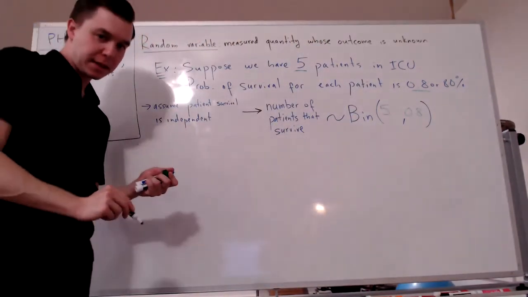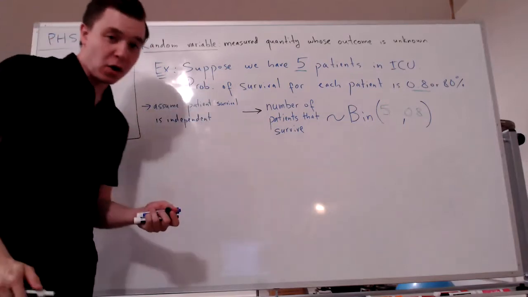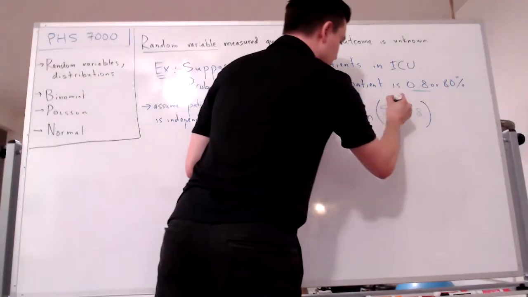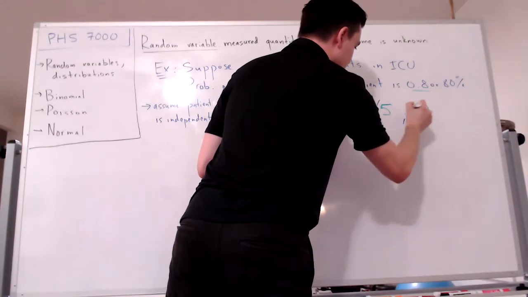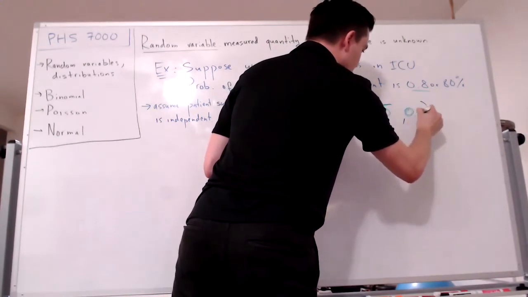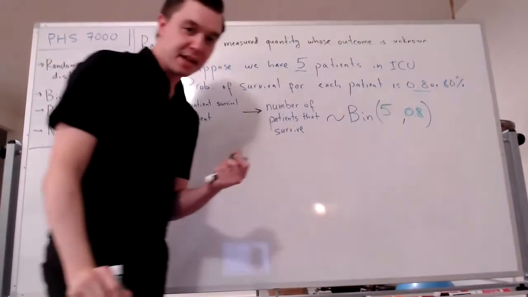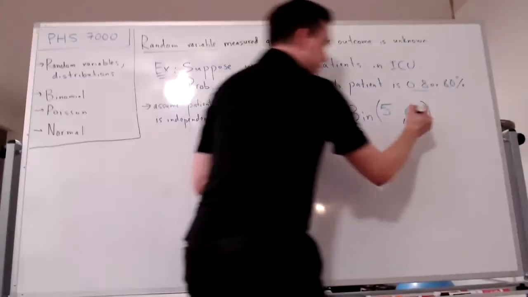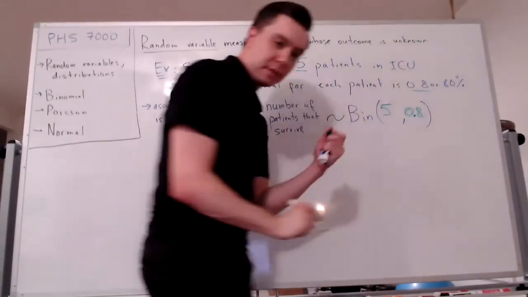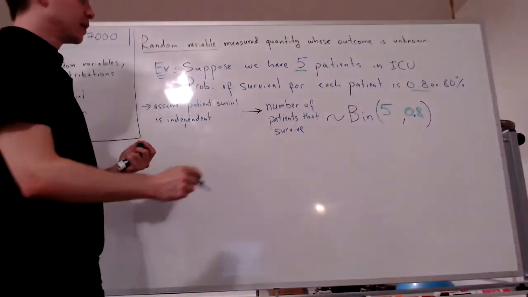Okay. So this automatically gives me a whole lot of information. For example, this is 0.8. Let's make sure that comes through.